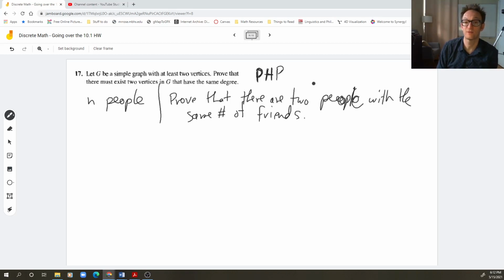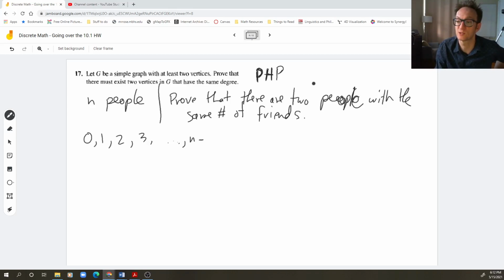Well, how many different people can you be friends with? Assuming this is a simple graph, so you're not friends with yourself, what are the kinds of friendships you can have? Well, you can be friends with no one. You can be friends with just one person. You can be friends with two people. You can be friends with three people, all the way up to the most number of people that you can be friends with, which is everyone else.